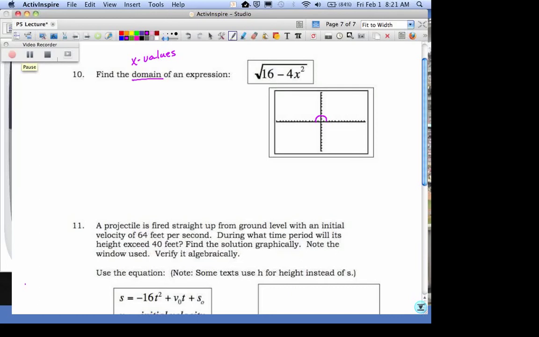Now, when you deal with the square root, what are you concerned about? Plus and minus. You are concerned about plus or minus, but if the stuff underneath the radical is negative, can you work with that? No. If the stuff underneath the radical is 0, can you do that?